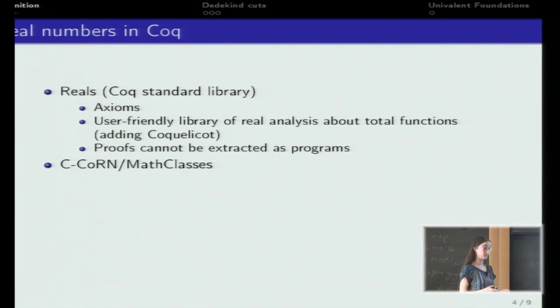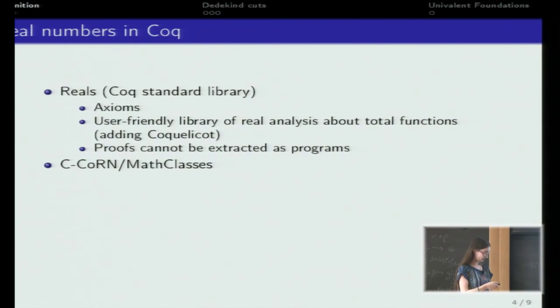For example, we can't build a set where we can decide if two numbers are equal or not, but it is one of the axioms of this library. And then one of the characteristics of Coq is that when we have a proof, we can extract a program if all axioms are implemented, and with this library, it cannot be done.